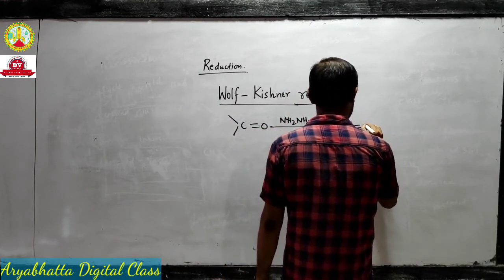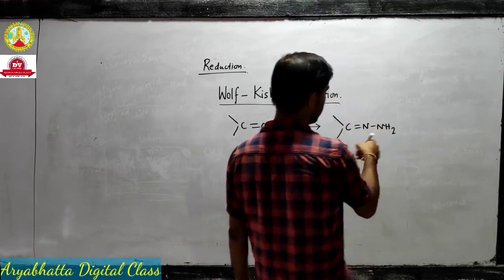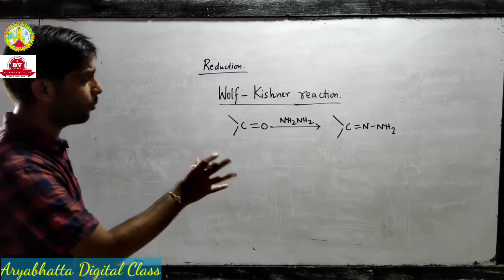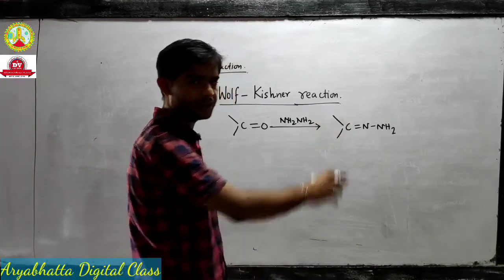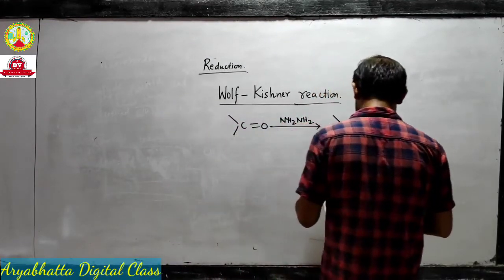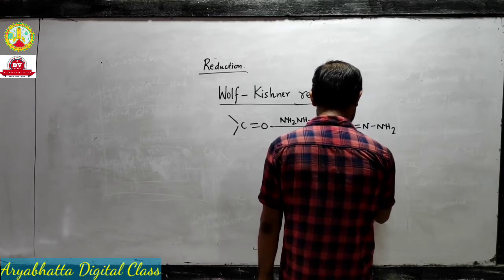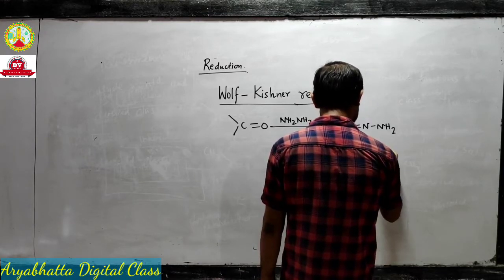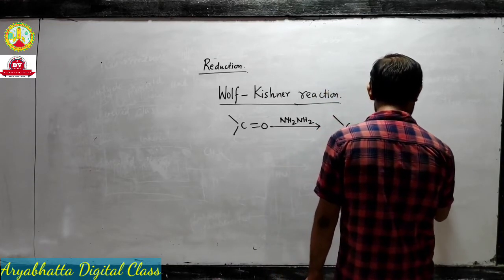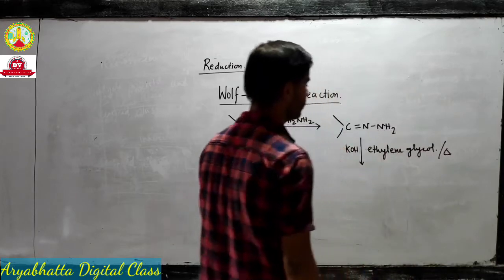It's just the nucleophilic addition that we did with ammonia derivatives. It's the same reaction. And in the next step, potassium hydroxide in presence of ethylene glycol, and you have to heat the complete reaction.